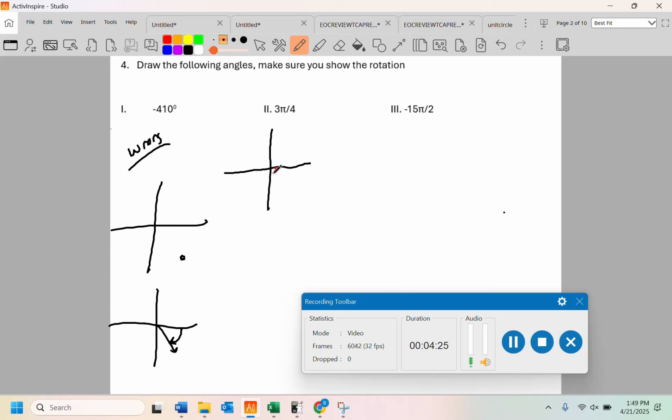But it's going to rotate a full 360, so I'm going to add in 360. And then I'm going to rotate 50 more, like a clock. And that's going to be about right in there, and that's where the angle terminates. This is right. I want to see the rotation. I even have a little arrow there specifying that I rotated like that. So make sure you do it the right way.